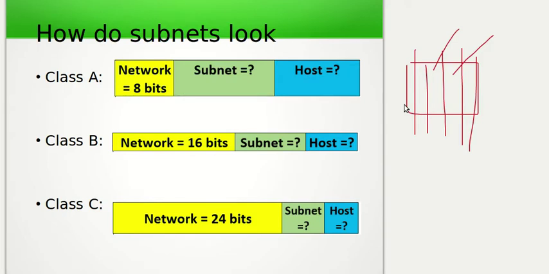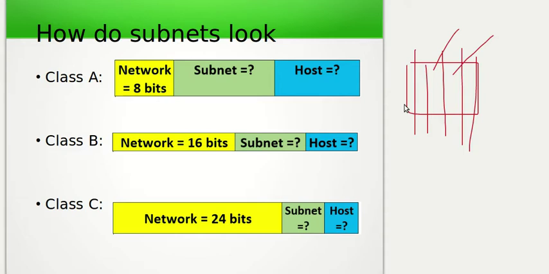So when we're looking at subnetting, we still leave the original network bits alone. So in this case, class A, the network bits will be 255. Class B, the network bits will be 255.255. Class C, we will use the default subnet mask of 255.255.255.0.